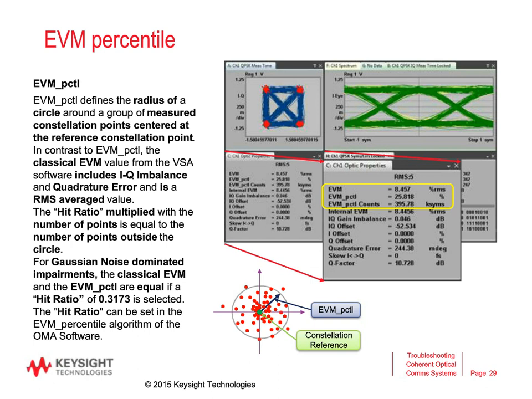And this value can be set in the EVM percentile algorithm of the optical modulation analyzer. On the screenshot here, we show both the classical EVM, the EVM percentile, and also the number of symbols we already counted to do the math.